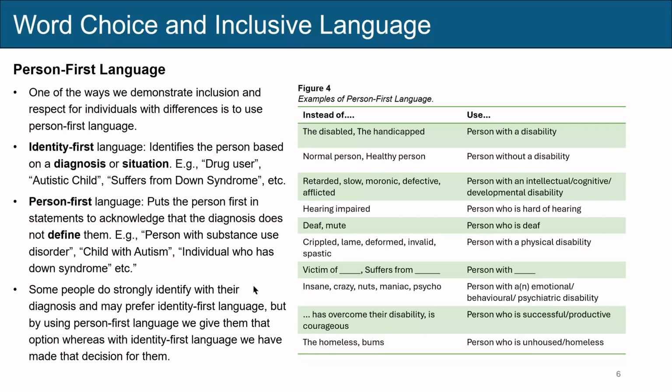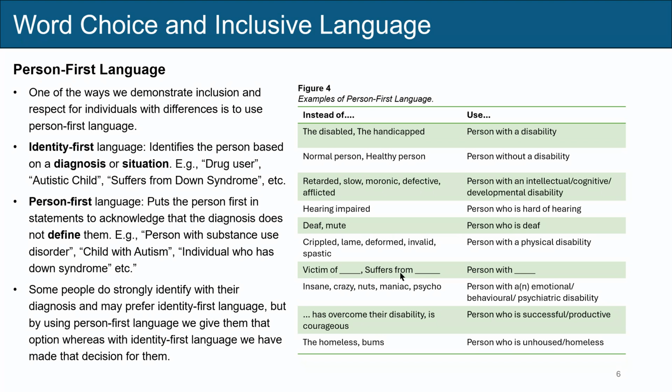You also want to be careful about how you talk about people within your writing who might have differences. Sometimes I see "suffers from" or "victim of" when it's something that the person has lived with their whole life. So, in one paper I've read in the past, somebody said this person suffers from autism.